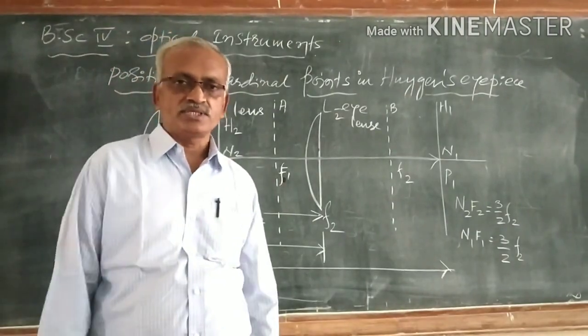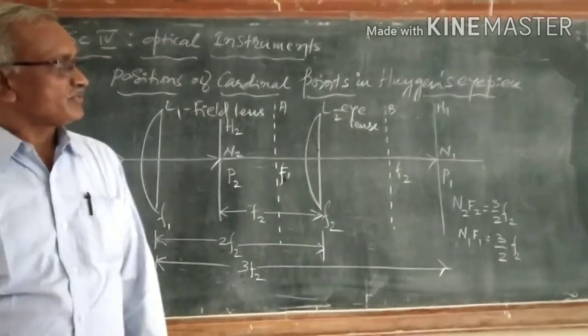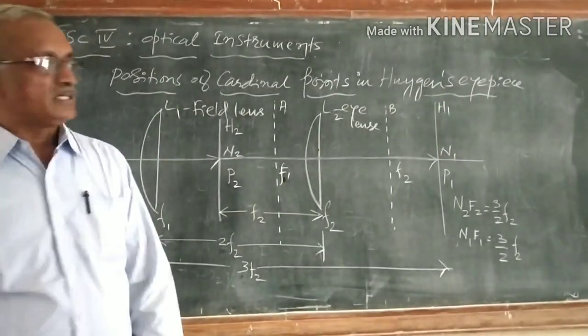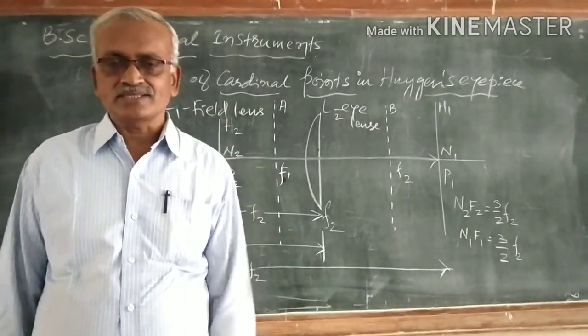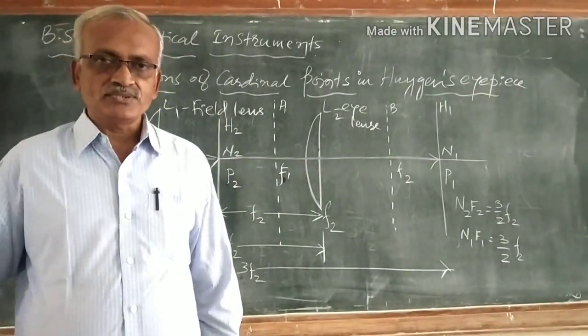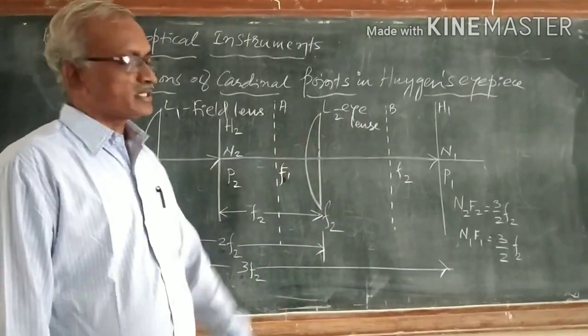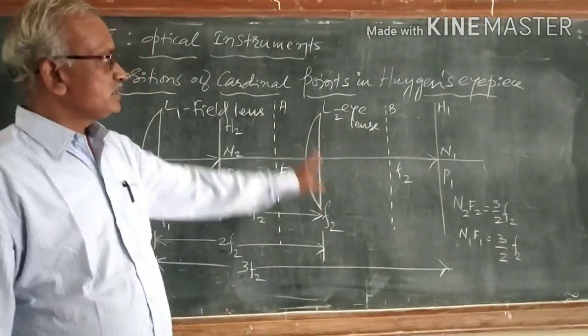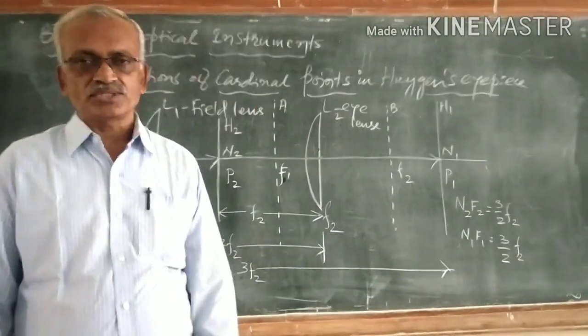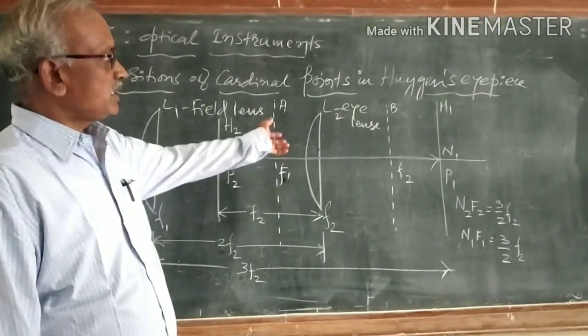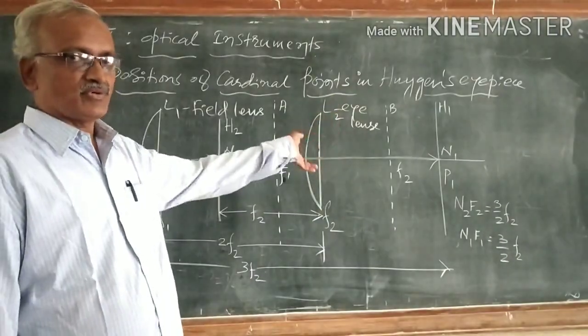It's also very important from the examination point of view. Dear students, this is a very important class, I think. It comes under the eyepiece. In this part, I explained what we mean by eyepiece, a combination of field lens and eye lens, and where it appears, before and after.